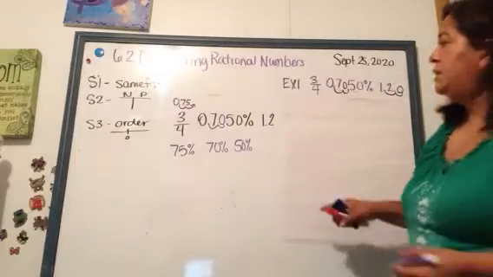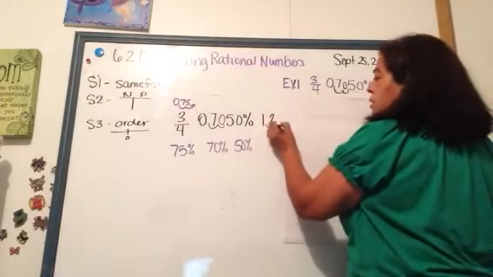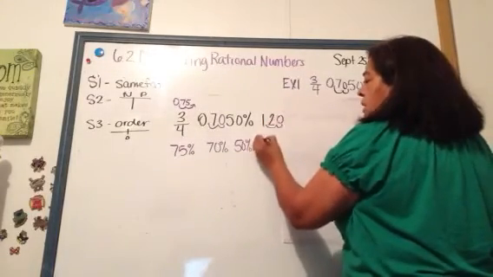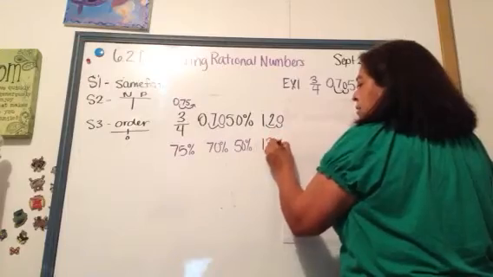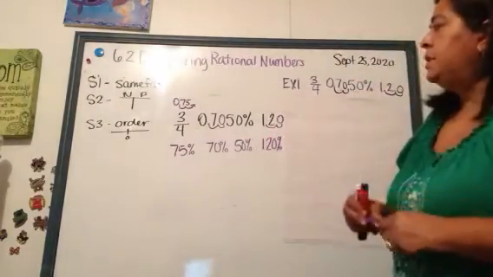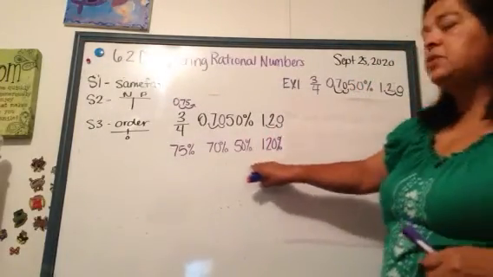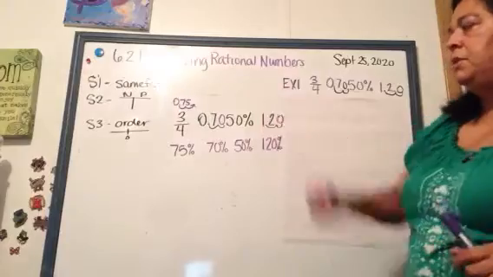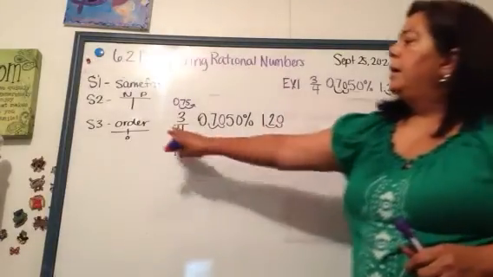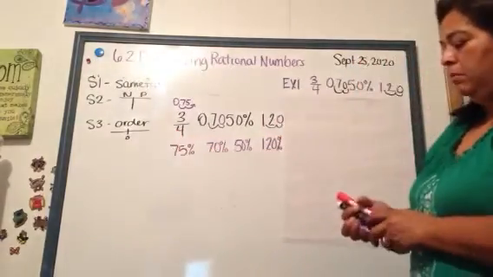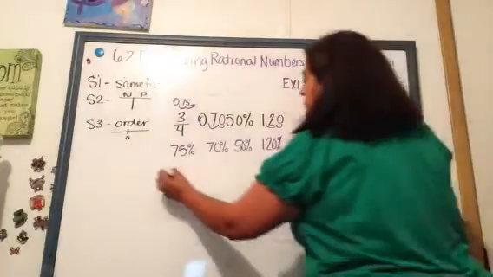And then I have 1 2/10. I'm going to find my decimal, go 1, 2, add a 0. That's 120%. Step 2 says look at negatives and positives. These are all positive, so I don't need to worry about a T-chart. Step 3 says order them. Well, I'm going to use my number line.